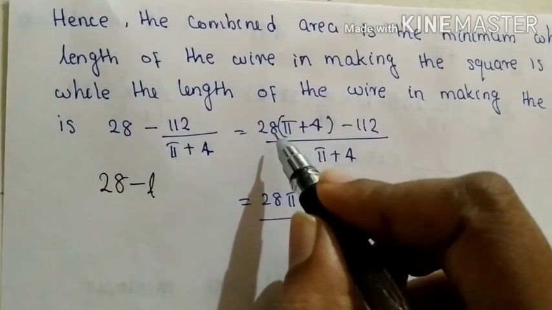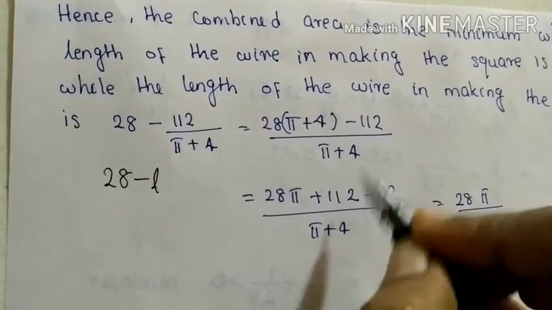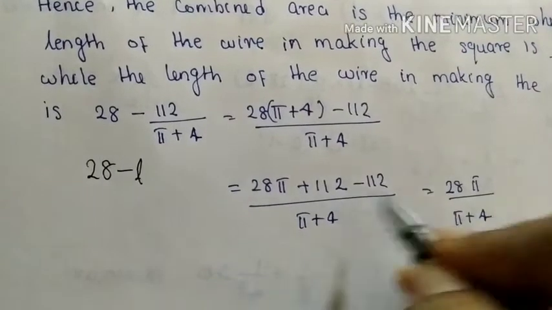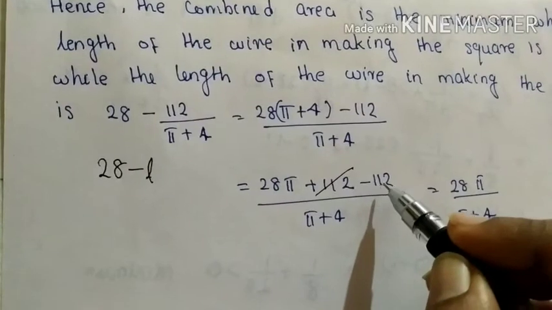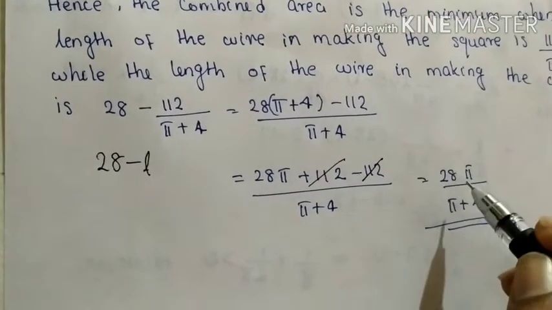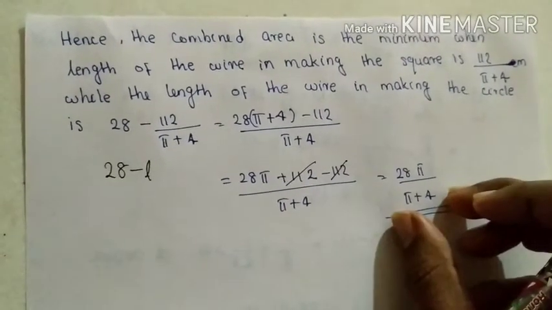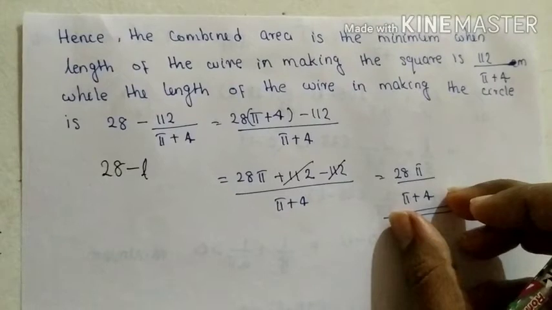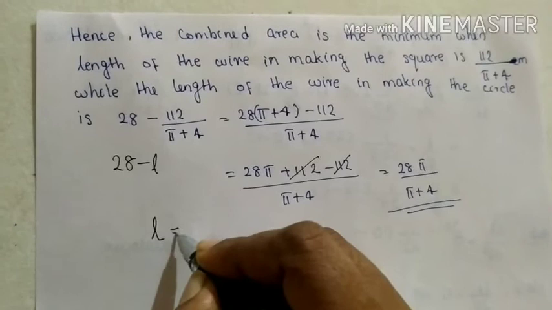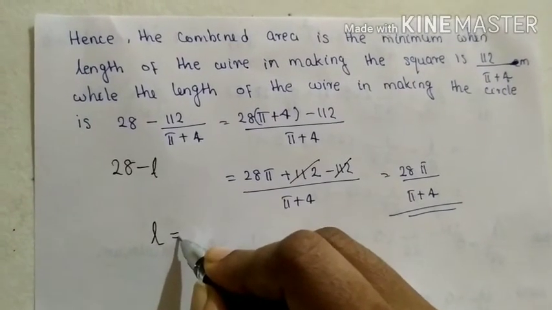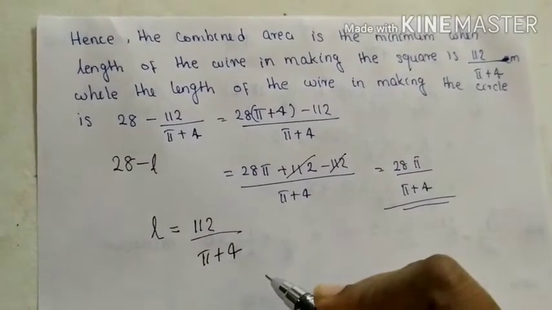Opening the bracket, we get 28 pi plus 28 into 4 is 112, minus 112, whole divided by pi plus 4. Cancelling plus 112 and minus 112, we get 28 pi by pi plus 4. So this is the length of the wire used in making the circle, and L is the length of the wire used in making the square, which is 112 divided by pi plus 4. I hope you understood.